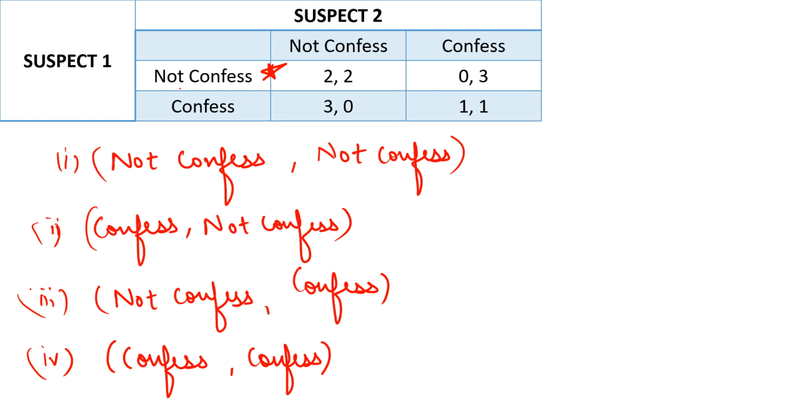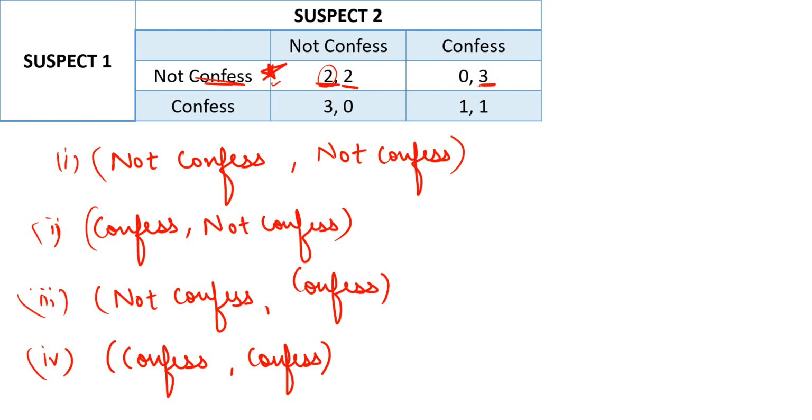If suspect 1 chooses its equilibrium strategy of not confess, then tell me, will suspect 2 choose this or this? Which payoff is better? Suspect 1 has already chosen to not confess, so this is fixed. Now what should player 2 choose, to confess or not confess?